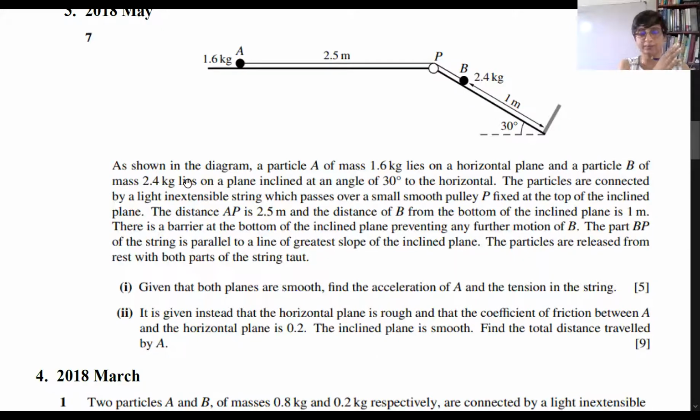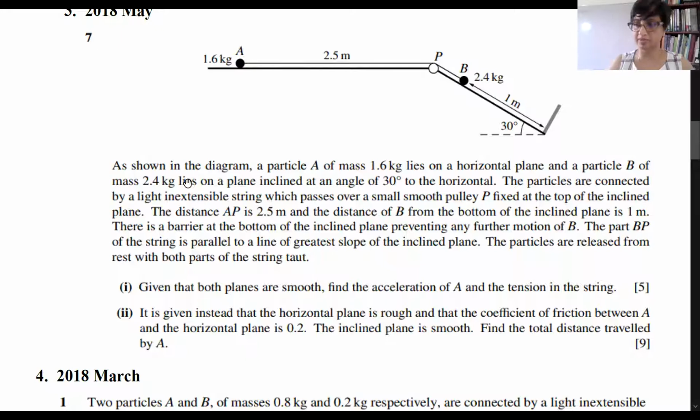The part of the motion of particle A while the string is taut, where it moves 1 meter, and the second part of the motion is while the string is slack. So it undergoes 2 different accelerations, and equations of motion should be applied separately. We know this. I hope it's clear. Please let me know if anything is not clear.